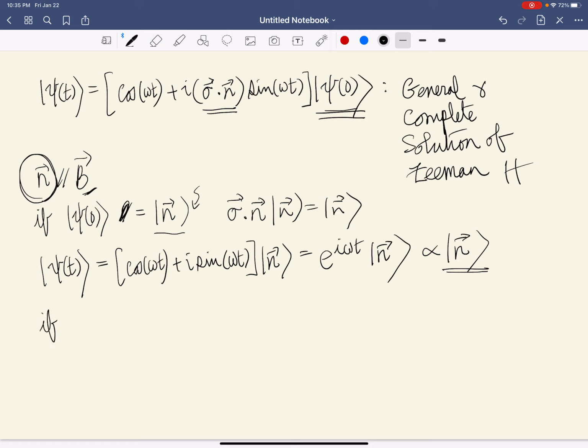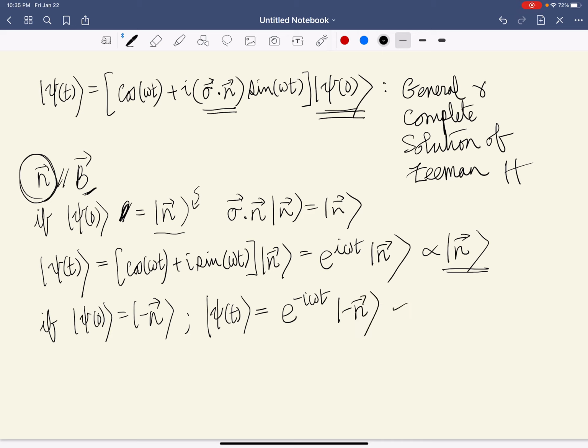And similarly, if the initial state was the other eigenstate, then you can easily show that the time evolution of the quantum state is e to the minus I omega t acting on the initial state. So again, there's no real change in the state over time, because this is also the eigenstate of the Hamiltonian that we chose to be the initial state.